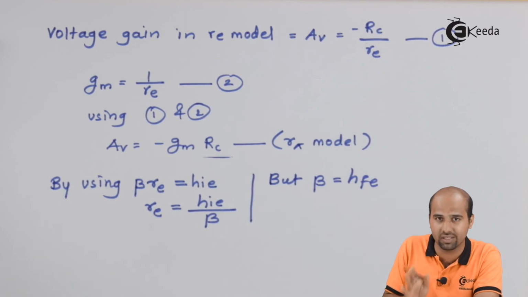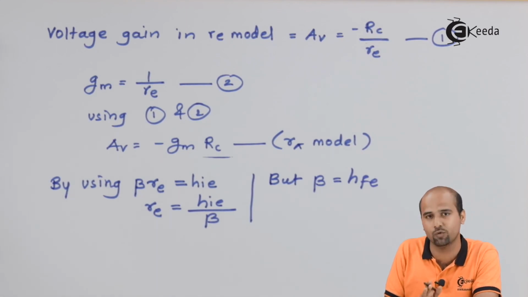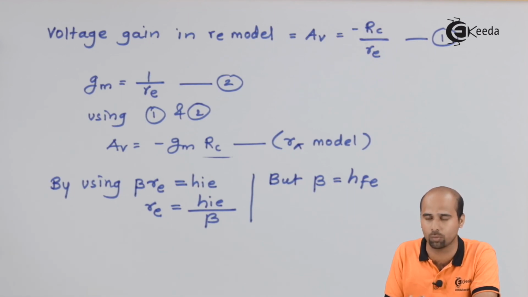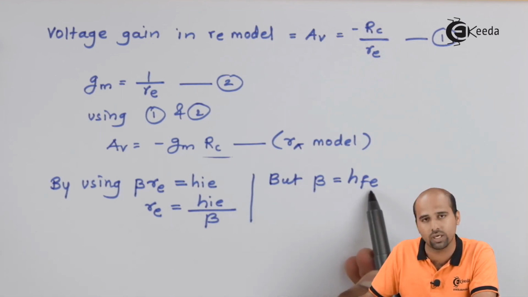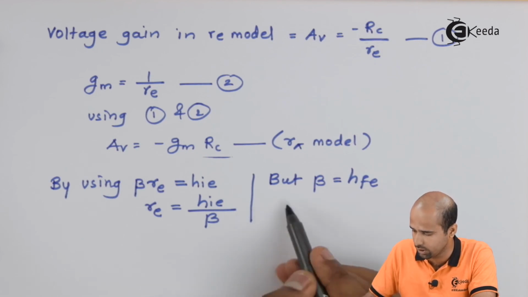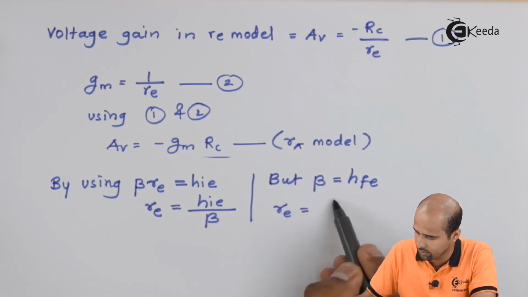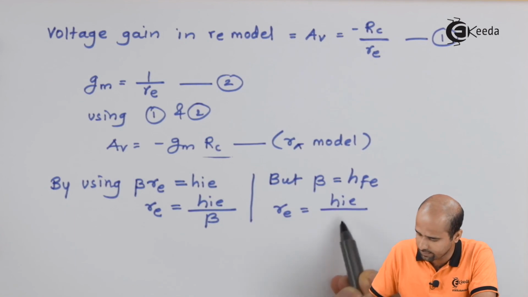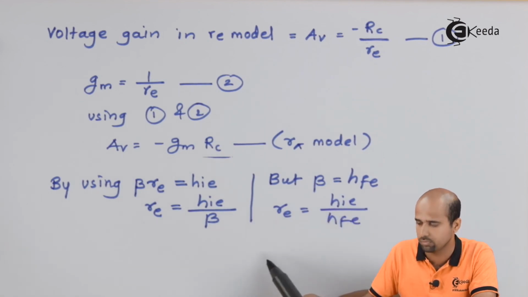See, if you are converting everything, then each and every parameter should be inside that particular model only. No parameter of another model should be there in your model. So beta is equal to hfe that we will implement over here. So I can say re will become hie divided by hfe, right?